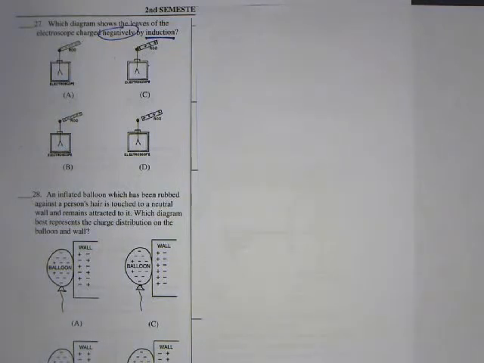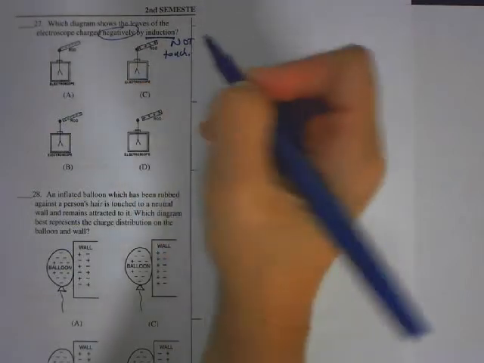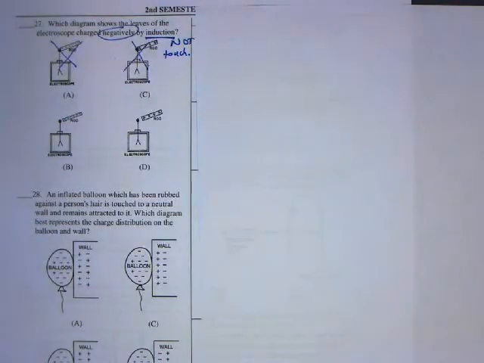Number 2 is induction, because we need to know the difference whether I bring the charged rod close to the knob or am I touching the knob. In this case, induction means I'm not touching it. I'm bringing it close. So any one where it's touching, I'm going to eliminate, because induction does not mean touching. So now I'm already down to 2 choices.